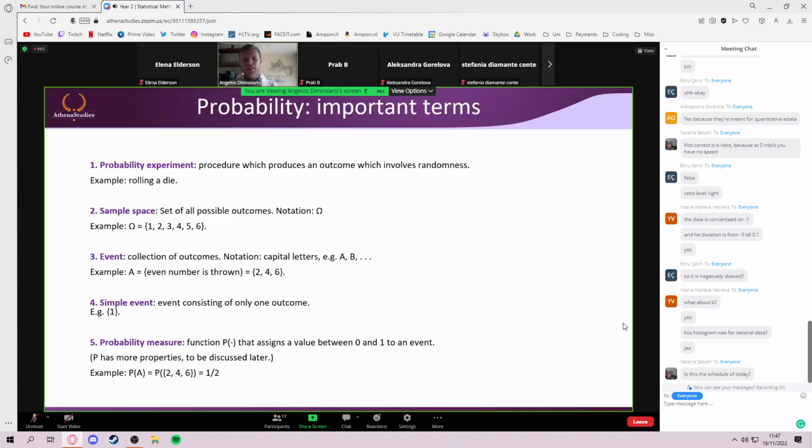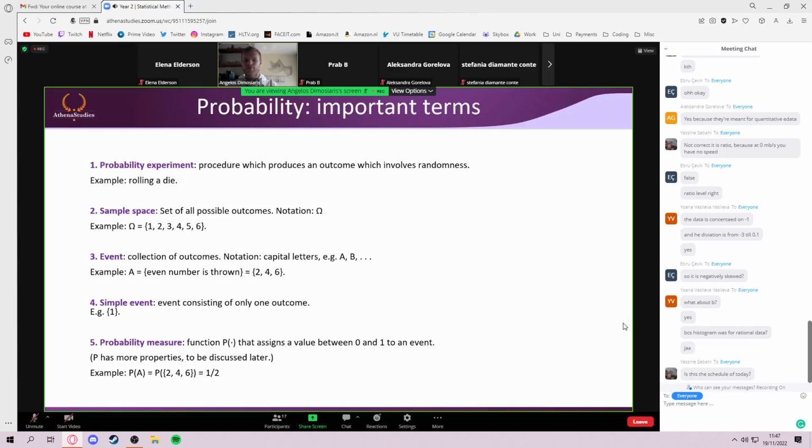Second, and more important than before, the sample space. This is the set of all possible outcomes, and we use the letter omega to symbolize it. So if you roll a die, what can you get?